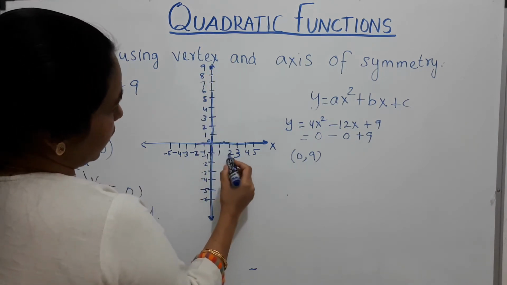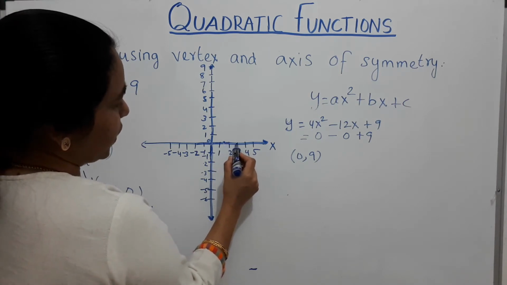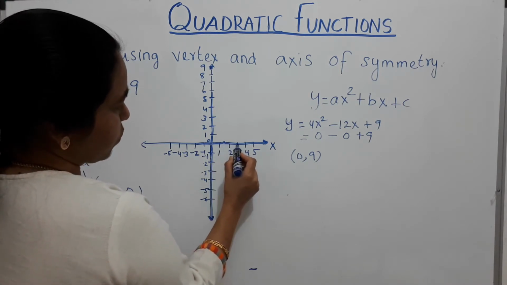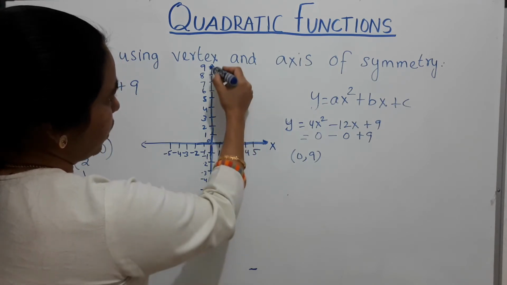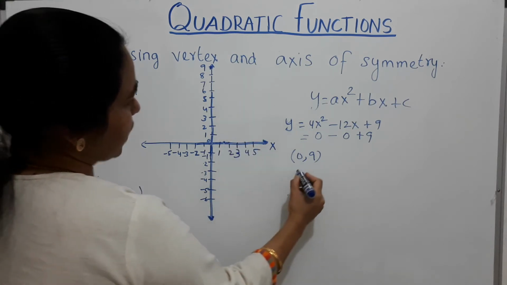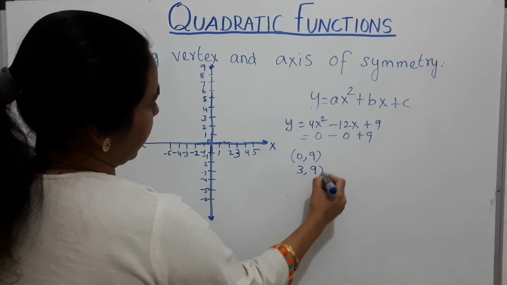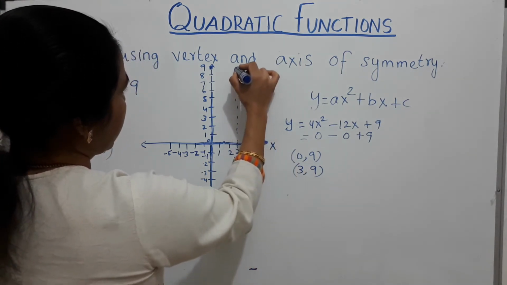At the same time, you can move again 1.5 here. So this is half and this is 1. So for 3 also, you have the same reflection. So the reflection of this point will be at 3, which means another point will be 3 and 9. Okay, so 3 and 9 will be here.